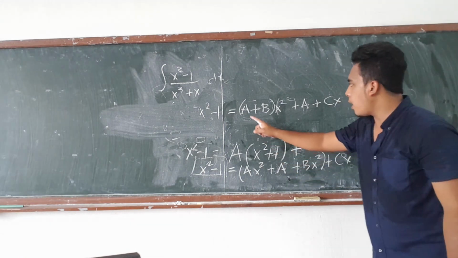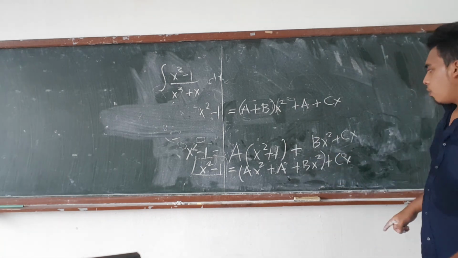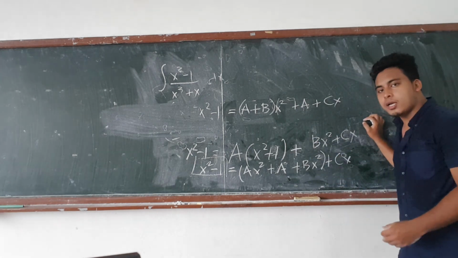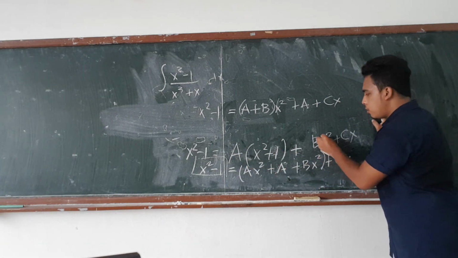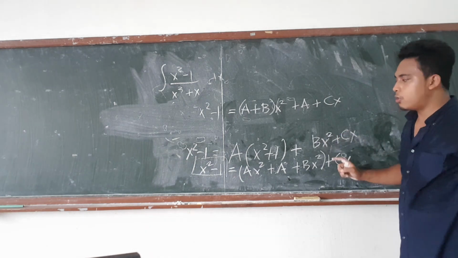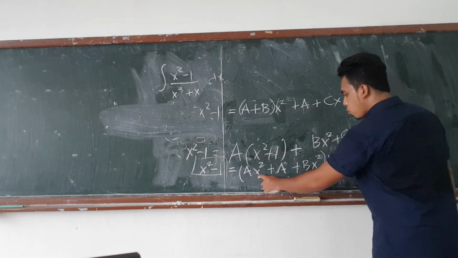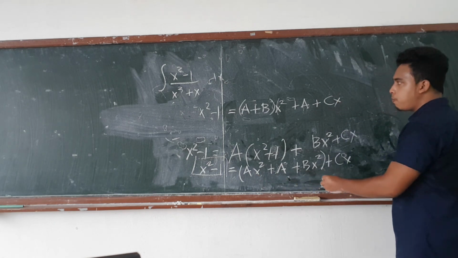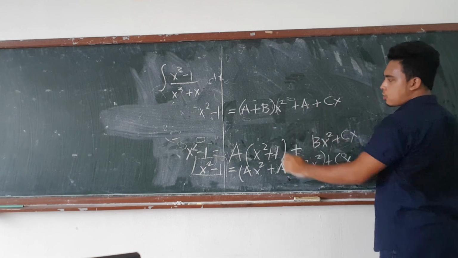Again, sir, why a plus b times the quantity of x squared? Because if we try to find the common of a and b, they have the same variable, which is x squared, the same quadratic term. So ax squared plus bx squared would be a plus b times x squared.